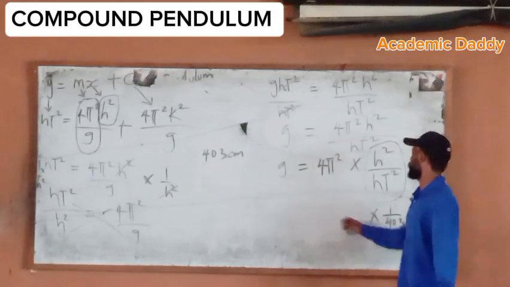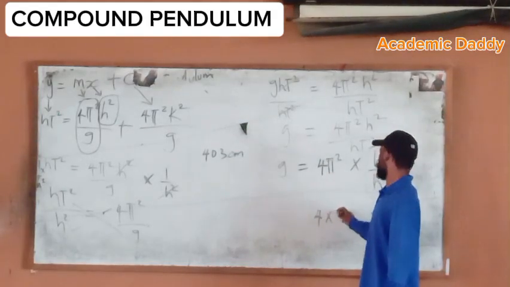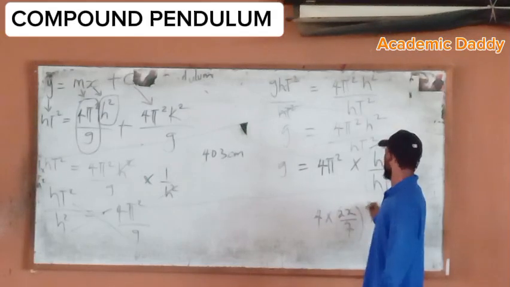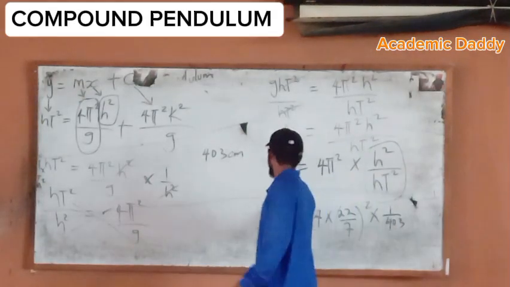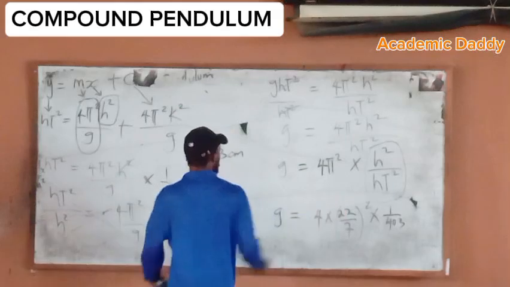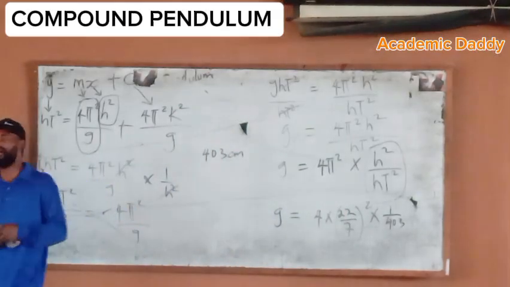So times 4 times 22 over 7 squared. Notice that it's in centimeters. Watch for what we have.